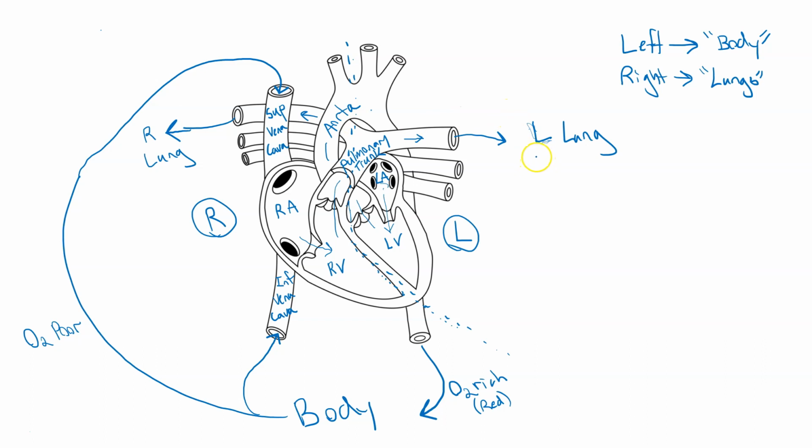Then from the lungs, that blood will be sent back to the heart, and it goes through these vessels here and these vessels here. These are called the pulmonary veins. And there's 4 of them, 2 on the left side and 2 on the right side.